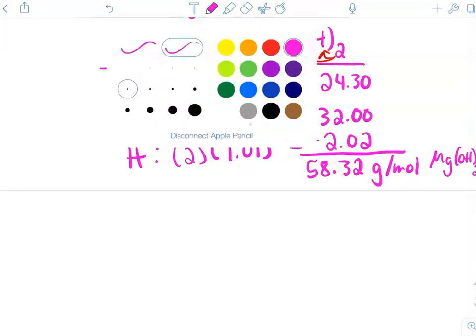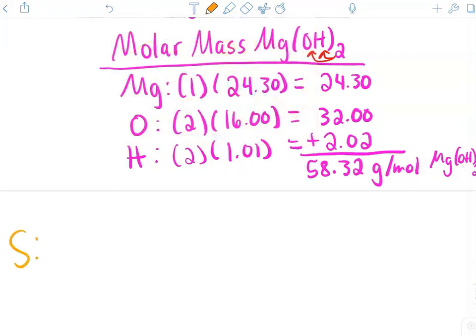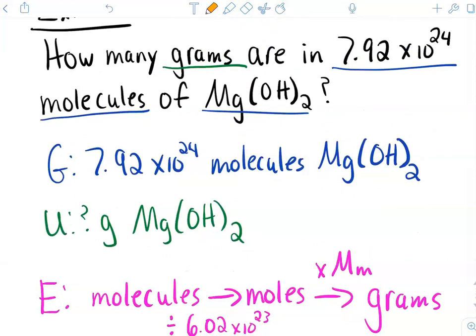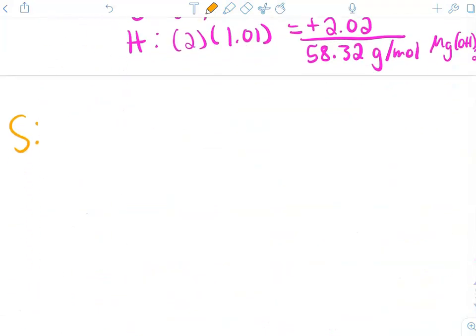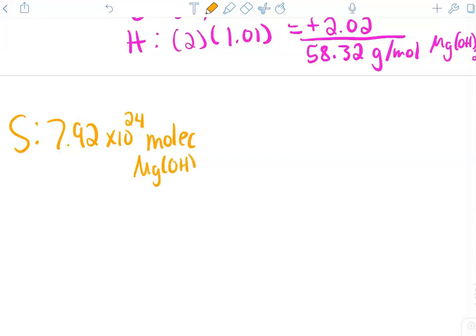Okay. And then we have our setup. So again, you always start with what you were given, which in this case is going to be 7.92 times 10 raised to the 24th molecules of MgOH2. If we start with molecules on the top, molecules has to be on the bottom.